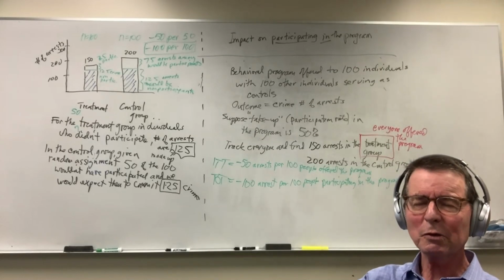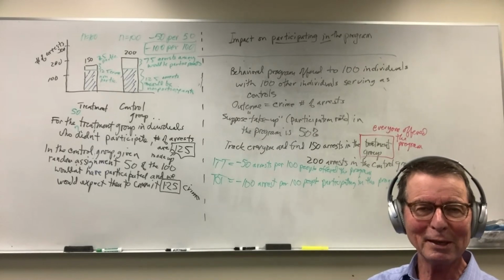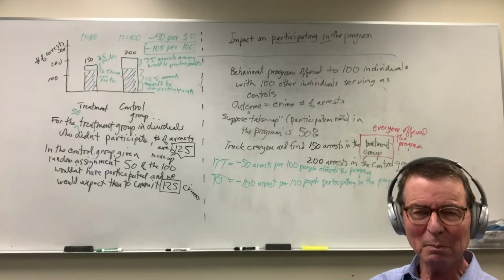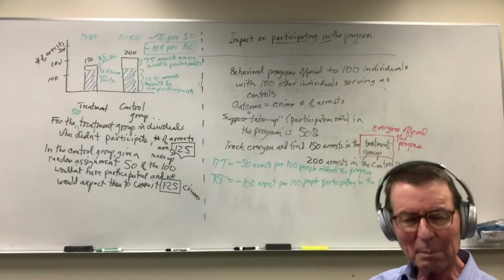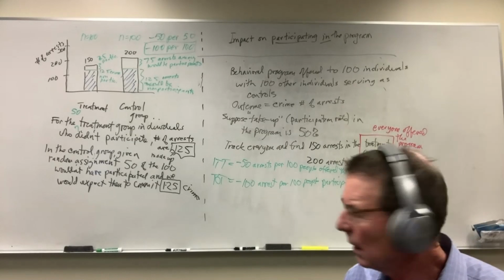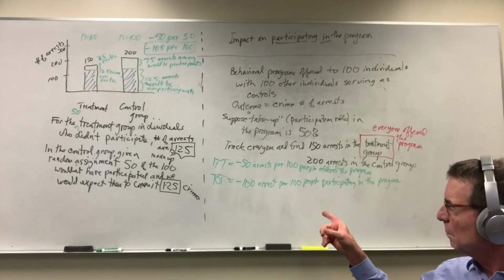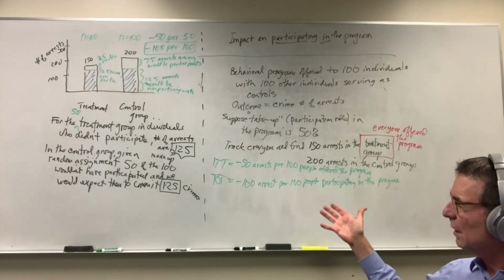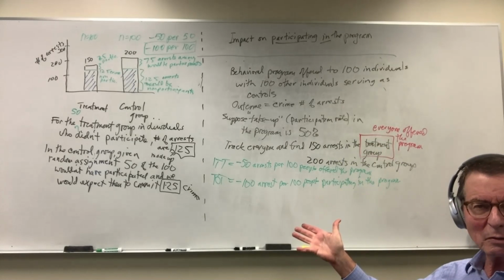So this is kind of a global detour, and I apologize for it because it took a long time, but it's important because this language of ITT and TOT comes up in all the literature. It is very important because the first Head Start impact report only provided ITT estimates.